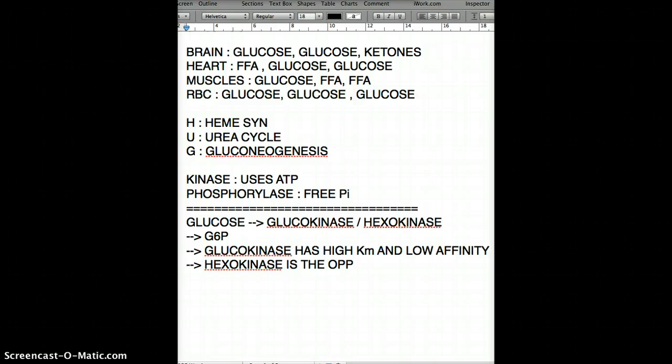Okay, so if I asked you now, how long does plasma glucose last, and how long does liver glycogen, or source of glucose, last?